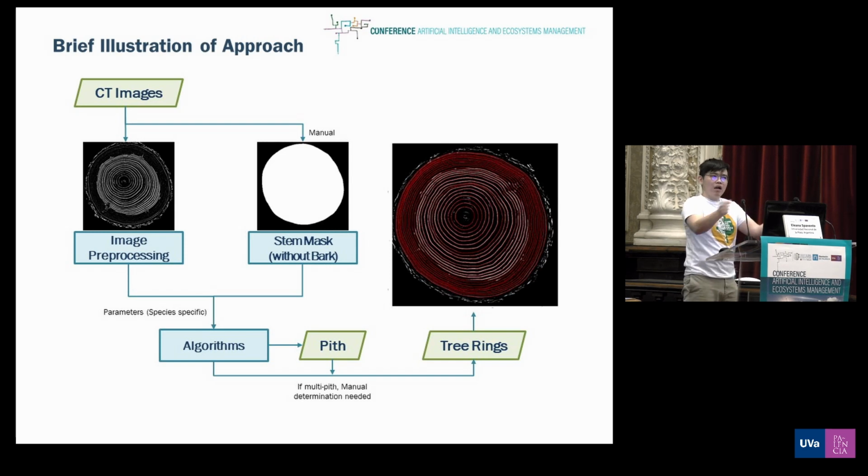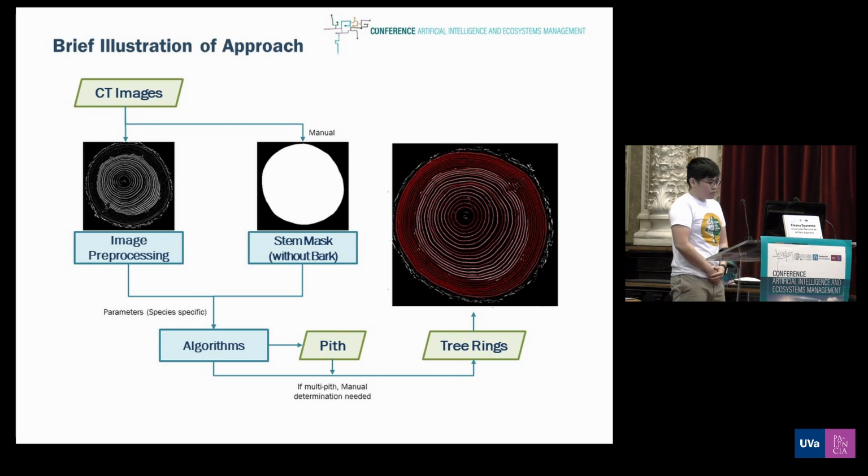Bark has high density, for sure, but it would also have similar density to the latewood internally. So if you say above this density value it is bark, you will get everything out, and maybe also the sapwood region. So this is not possible at the current moment. So we are applying a manual mask to mask out the bark to reduce its influence in our algorithm.